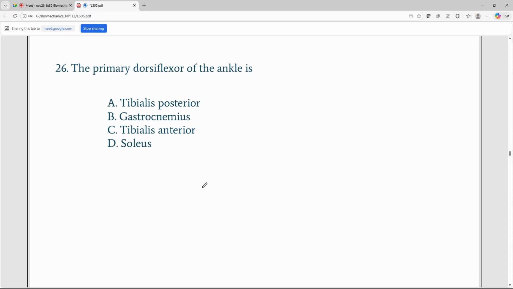Next question. The primary dorsiflexor of the ankle is which of the following?